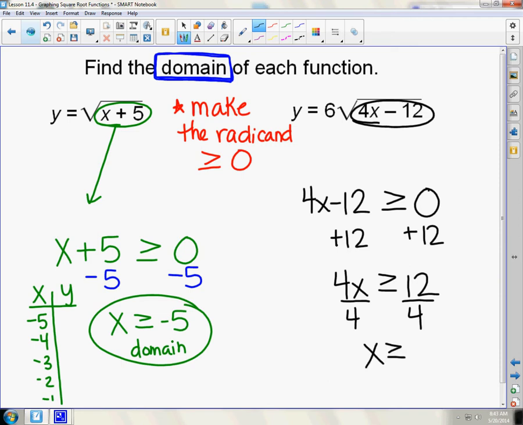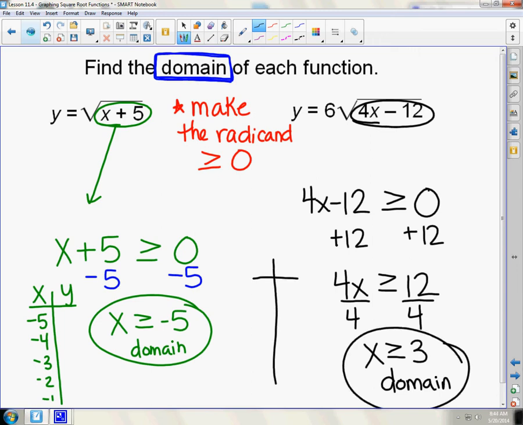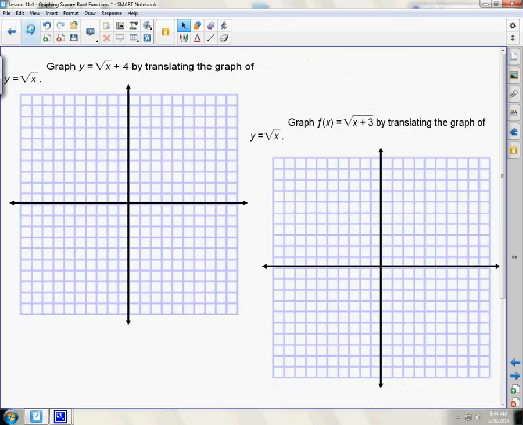So x has to be greater than or equal to 3. This is my domain, meaning all my x values have to be greater than or equal to 3. So I could start at 3 and go up from there. But a lot of times we start our tables at 0, 1, 2, 3. Well, that would not work for this second equation. You would get points that aren't possible.